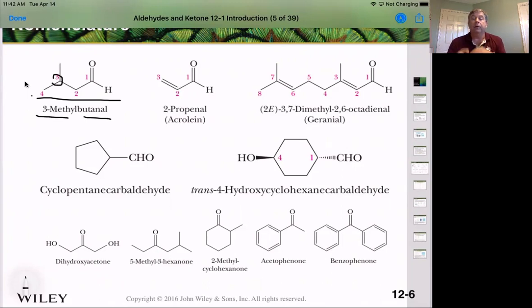Now, we have 3 carbons right here, but we have an alkene, so that makes it propene, but it's still an aldehyde, so it's propenal. Because the 2 carbon is where the double bond starts, we can signify it as 2-propenal.